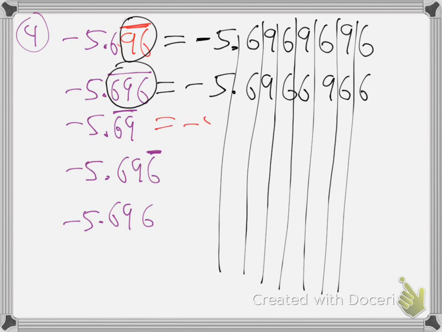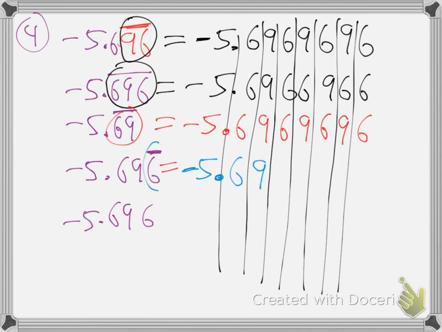Next one, negative 5 point, and now this one goes 696969, doesn't it? 69696. Next one, negative 5.69, and then just the 6 repeats. 6 is forever.